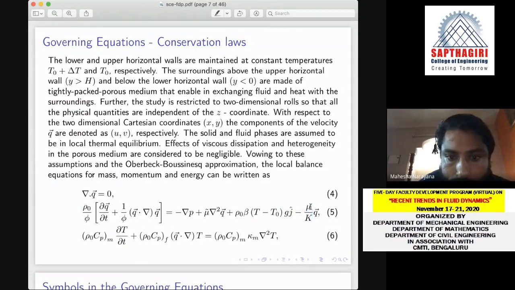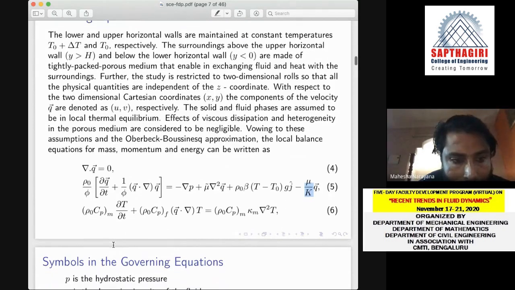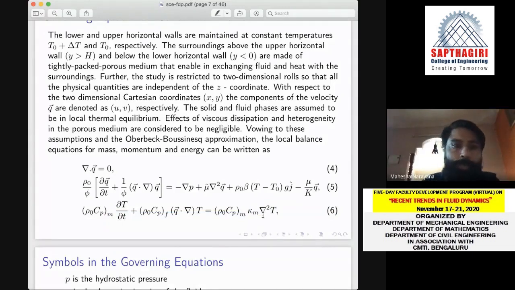Mu is the viscosity of the fluid, and in this case we have considered just the Newtonian fluid. And K is the permeability of the sparsely packed porous medium, rho Cpm is the heat capacity of the porous matrix, rho naught Cpf is the heat capacity of the fluid phase, and Km is the effective diffusivity of the sparsely packed porous medium.